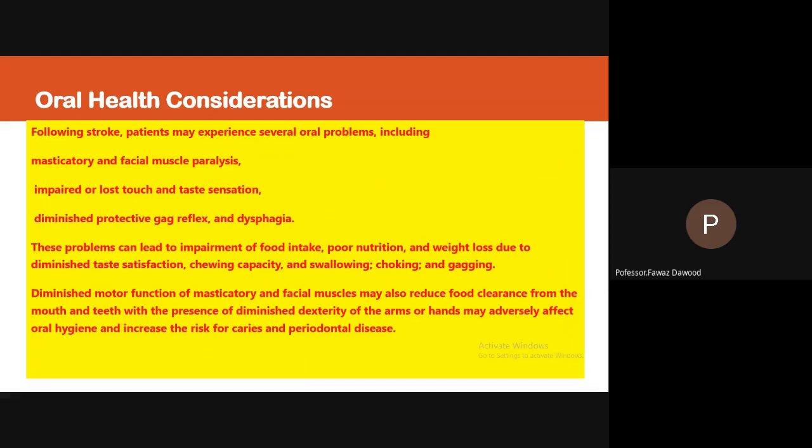Sometimes the patient attends to us complaining of a previous stroke. We have to know what manifestations may be associated with a transient ischemic attack or with a CVA. Here all the facial muscles are sometimes involved, even the masticatory muscles. There is dysphagia and difficulty in swallowing, and the gag reflex is affected.